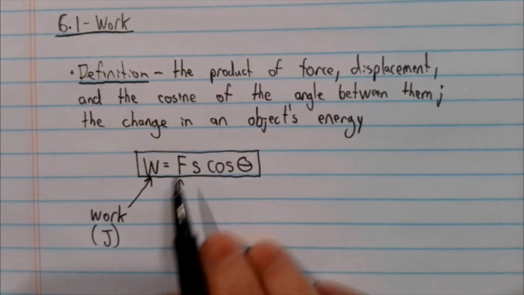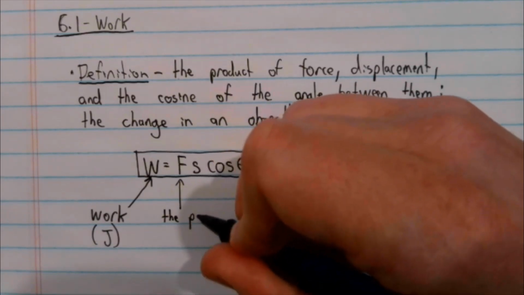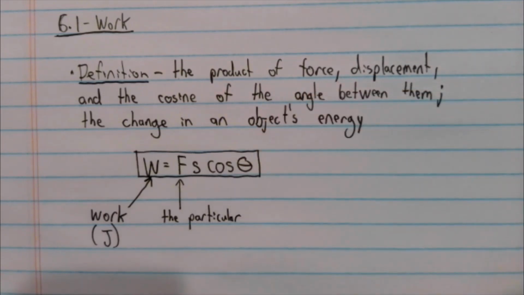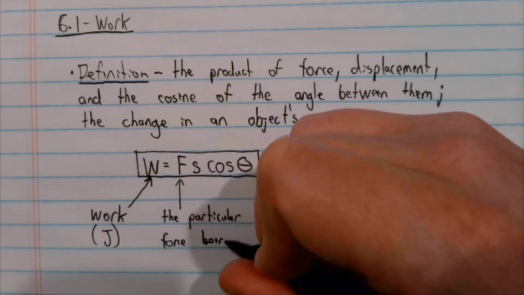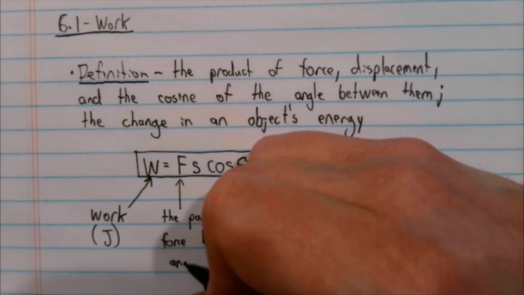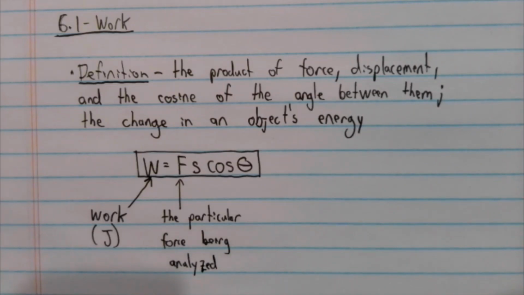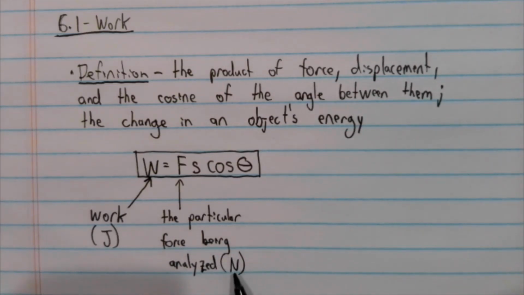F is a little tricky. It's one of the reasons it's hard to calculate work. F is the particular force being analyzed. Of course, that's measured in capital N for newtons. All forces are measured in newtons.